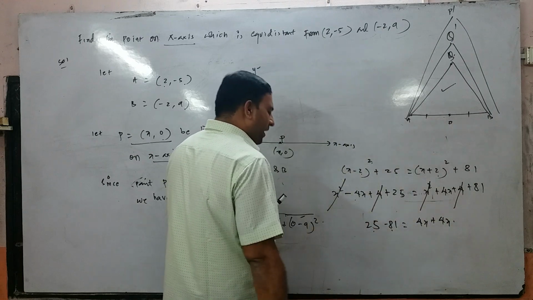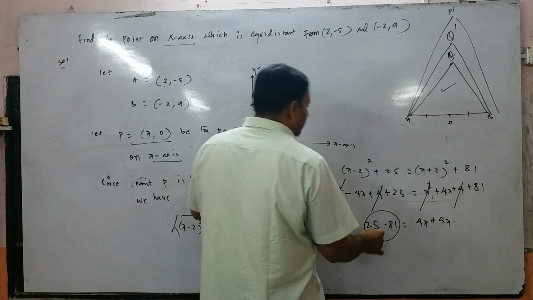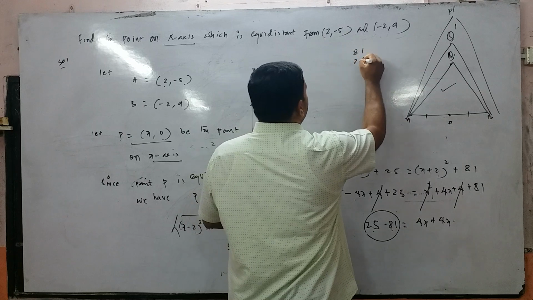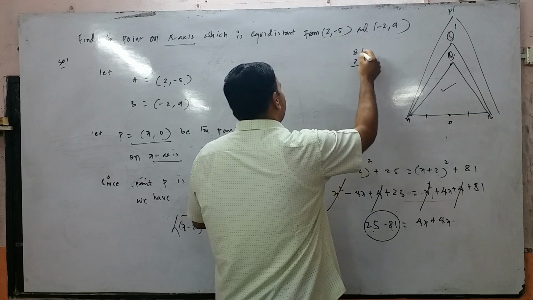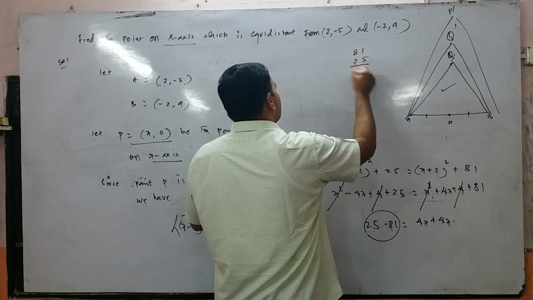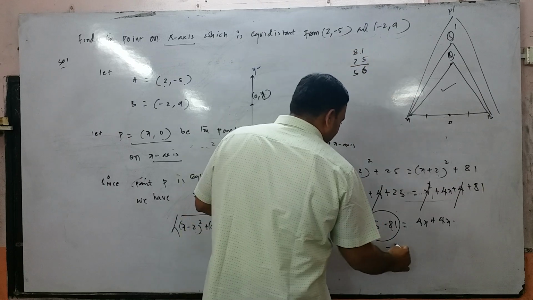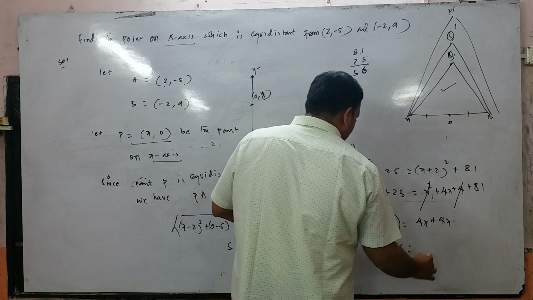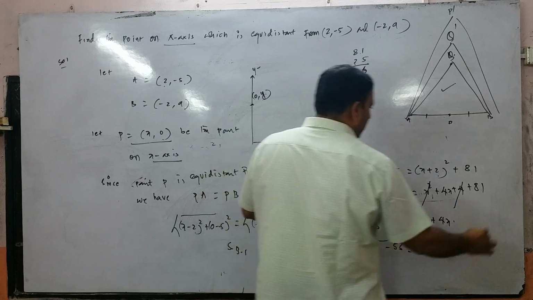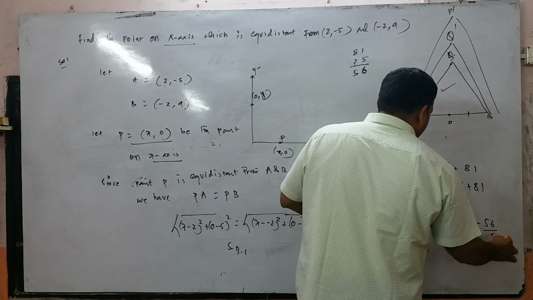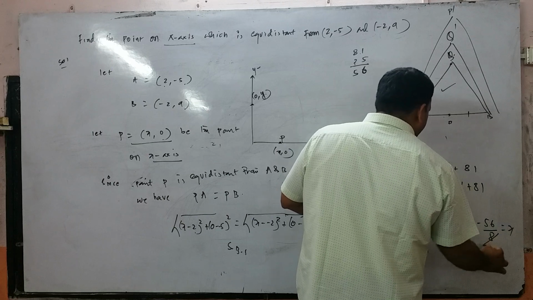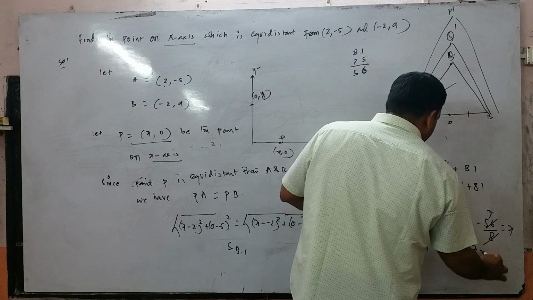What is 25 minus 81? Simple calculation. 81 minus 25 is 56, but it is a negative sign. Minus 56 is equal to 4 plus 4, 8x. So I will write minus 56 divided by 8 is equal to x. 8 sevens are 56. What is x equal to?